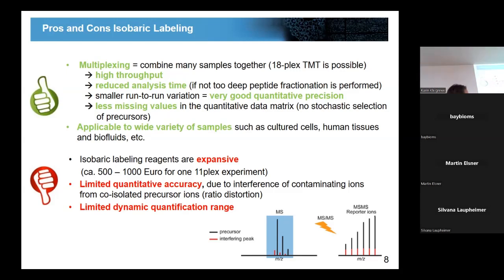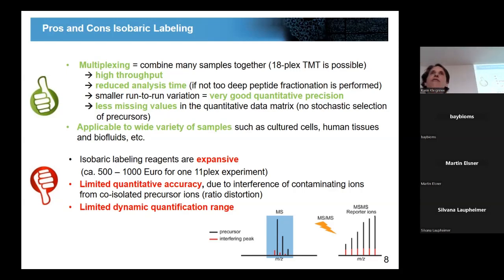So the ratios that we will measure between our peaks are actually not 100% accurate. What tends to be the case is that interfering peaks are often constant over a lot of samples, not necessarily always, but a lot of proteins usually are constant in samples. And usually if we have a constant interference and a regulated precursor, the ratios that we will measure with our reporter ions always tend to be too small.